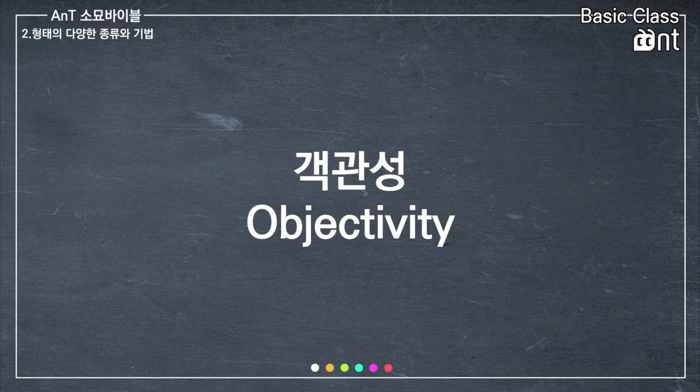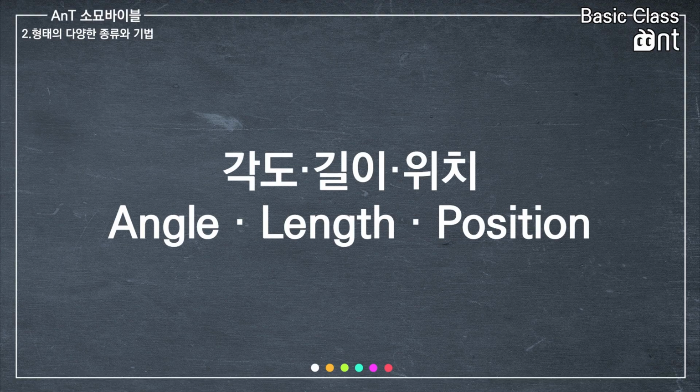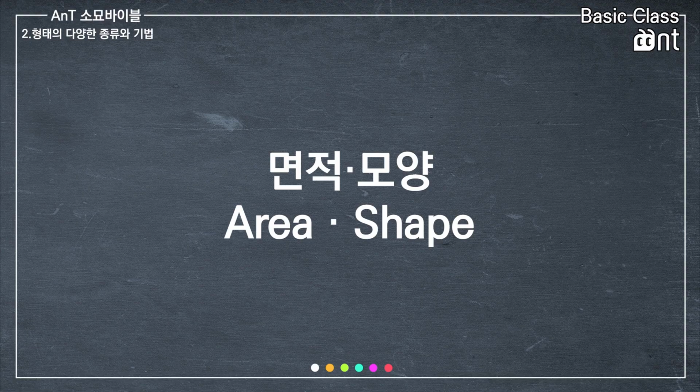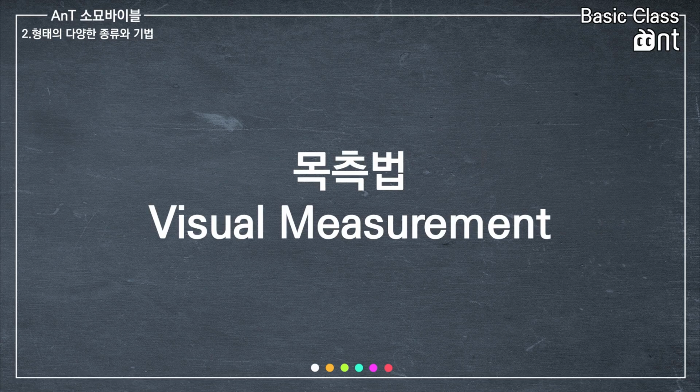To develop objectivity, we analyze verticals, horizontals, and angles, lengths and areas, along with positions, to practice understanding areas and shapes. With consistent practice of the measurement method, the final stage of growth is visual measurement.